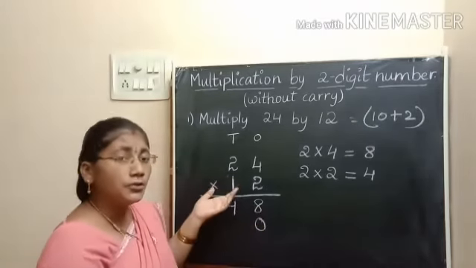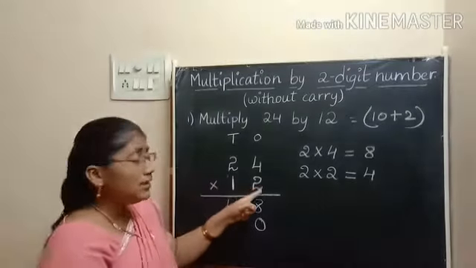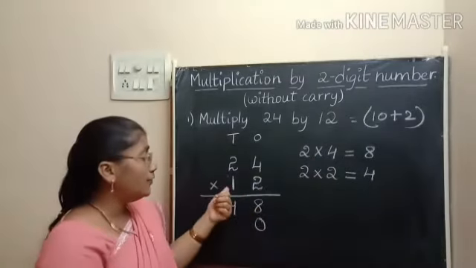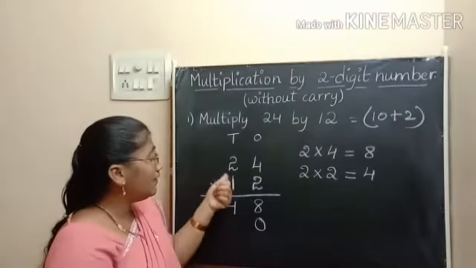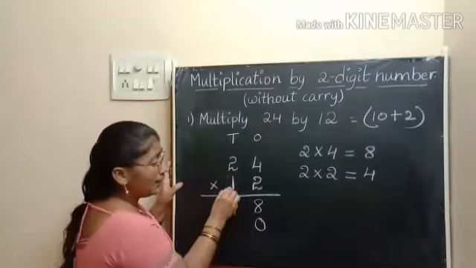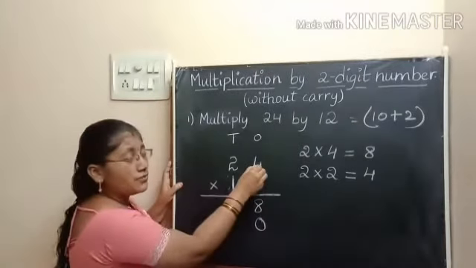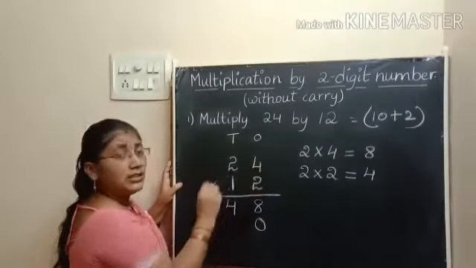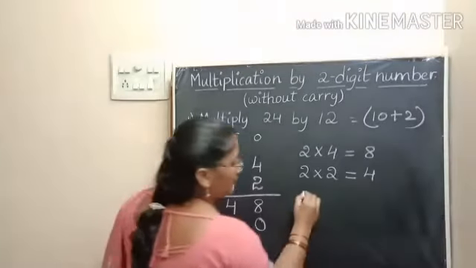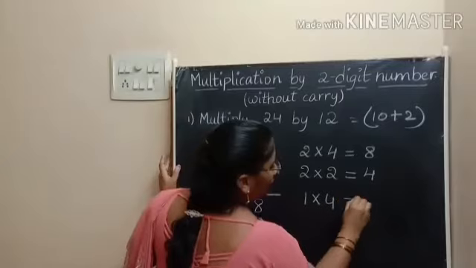Next we multiply in the similar way. Like we took 2 fours and 2 twos, we now take 1 four and 1 two. Understood, children? Now we have to multiply 1 and 4. First we multiply the digit in ones place, that means 1 into 4.